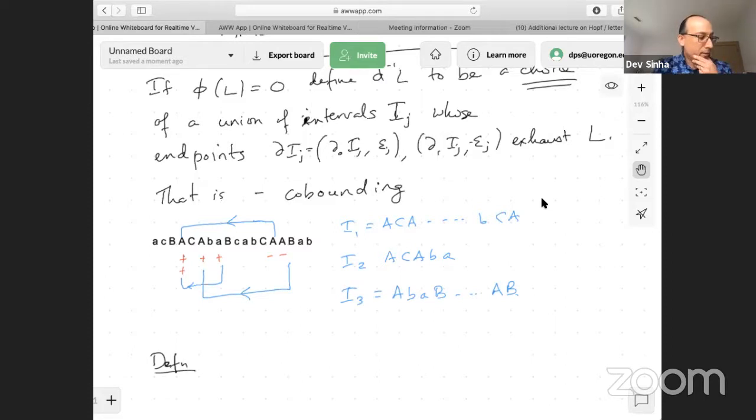If I have a choice, a collection of intervals, and in particular, I'm just going to really think of such collections as co-boundings. This is going to be a list itself. So this L sub B means that this is a list of occurrences of B in the word.